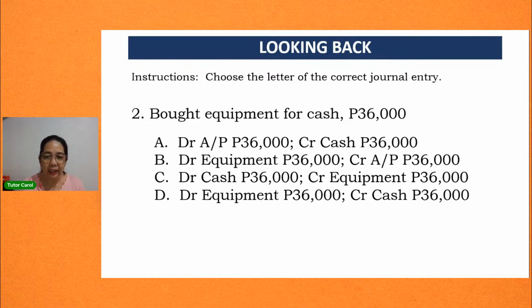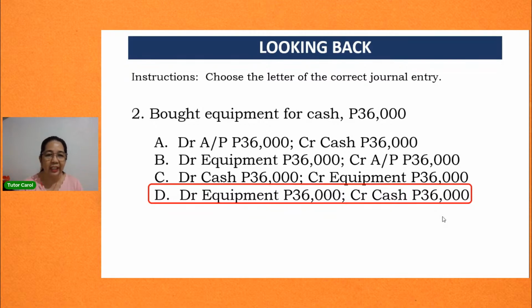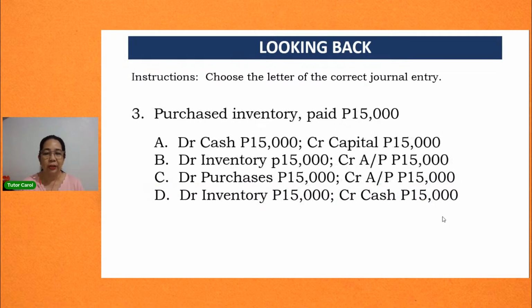Okay, let us reveal the answer. It's letter D. Okay, debit equipment, 36,000 pesos and credit cash. Yes, you are correct. So, Tosa Josh. Okay, credit cash, 36,000. Okay, next please.